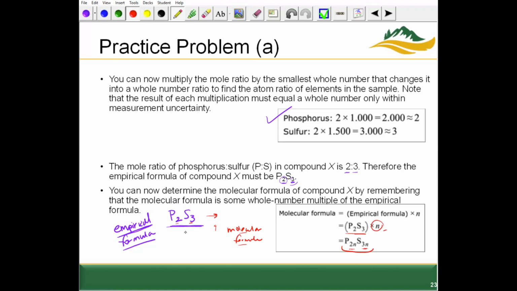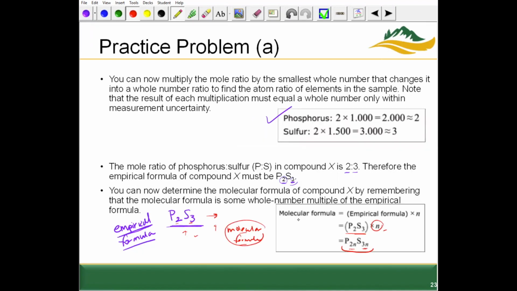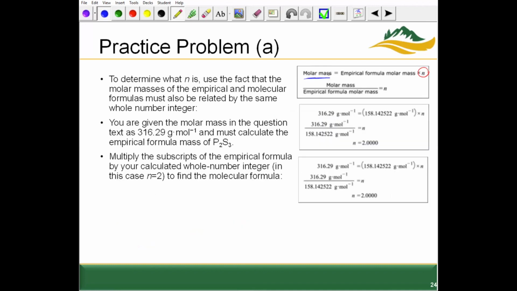So we need to combine our knowledge of our newly found empirical formula and the molecular mass to find this molecular formula. I mentioned we need to find out what n is. So here we have the molecular formula is equal to the empirical formula times n. We can make another connection here as well. So the molar mass is going to refer to the molecular formula, whereas the empirical formula molar mass is the mass that corresponds with the empirical formula.